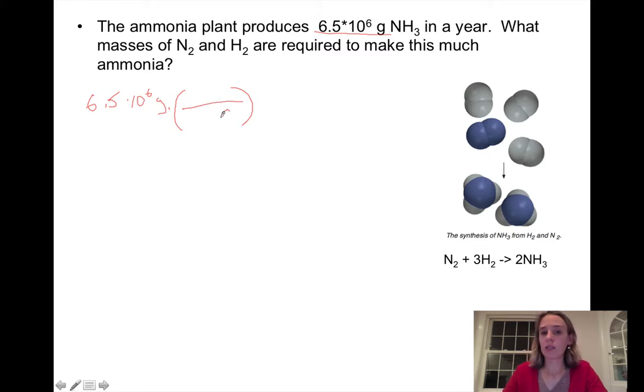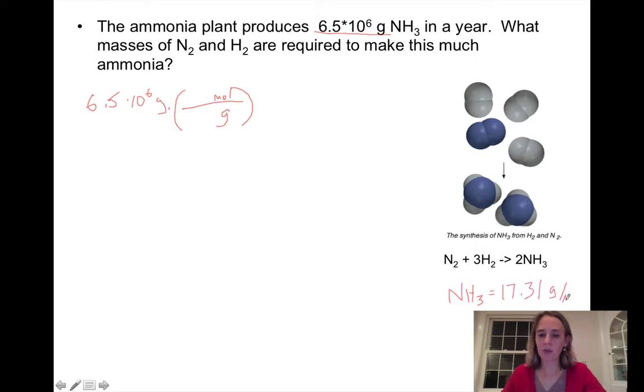And what do we use to convert between mass and moles? We use molar mass. And if we look it up, maybe I'll just make a little list over here of my molar masses. If we look up the mass of nitrogen and add it to the mass of 3 times hydrogen, the molar mass of ammonia gives us 17.31 grams per mole.